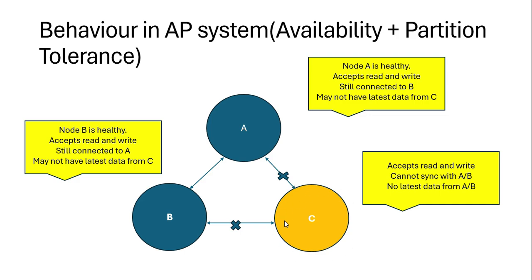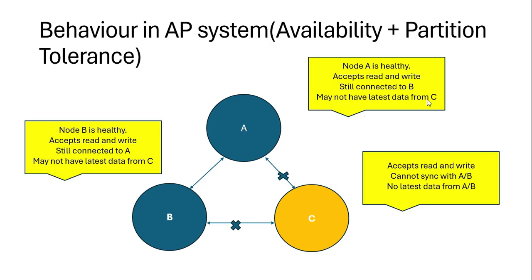Since C is also available, the client can write data here as well. If C is accepting writes and a client writes some information to this node, A and B may have stale information. Since all of them are available for read and write, both of these can go out of sync. That is what I mean to say.